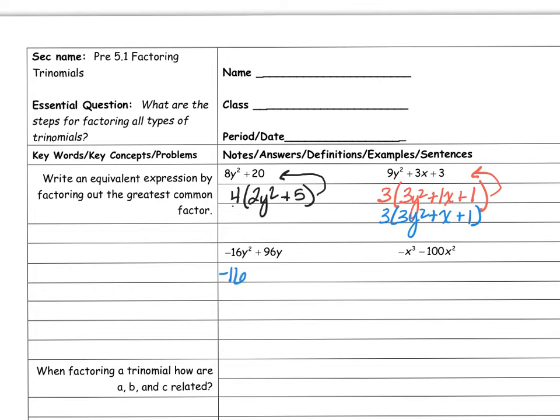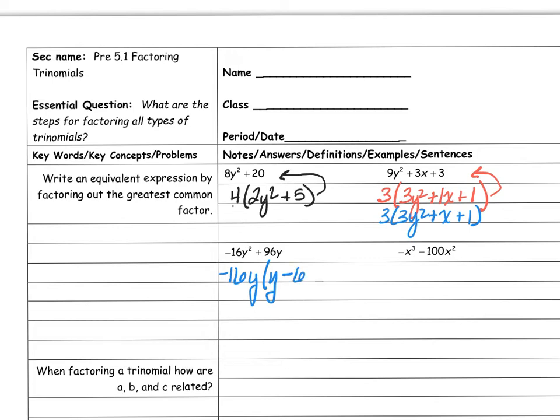Well, what goes into y squared and y? Well, y does. So if I take a negative 16y out of negative 16y squared, what do I get left with? Just a y. Because remember, if I multiply those together, I should get negative 16y squared. And now if I take a negative 16 out of 96, I'm going to get negative 6.